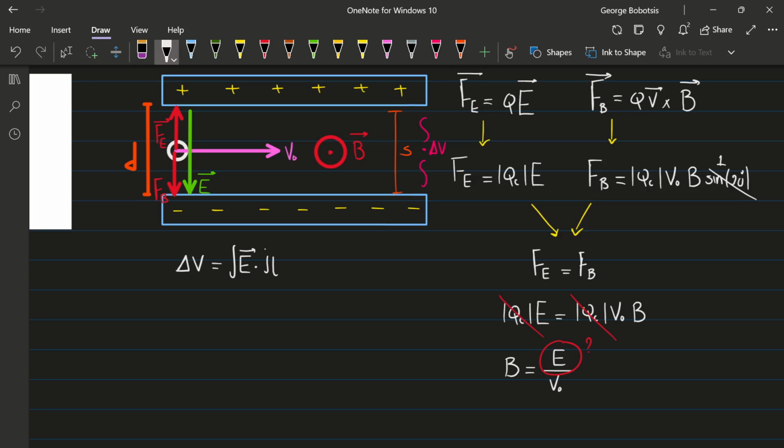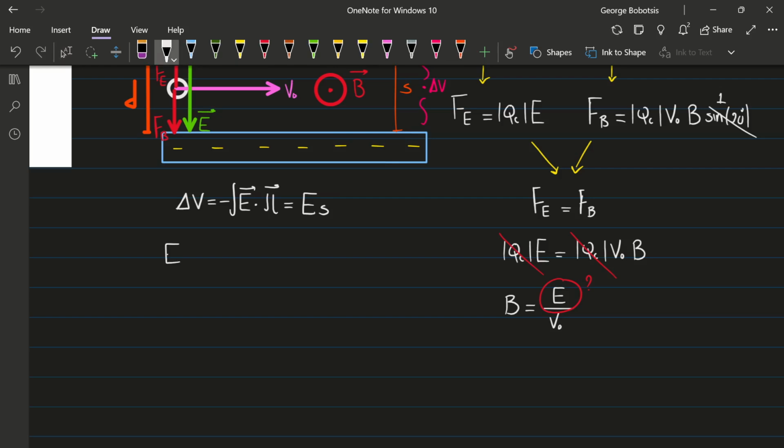But for parallel plates, because this is a constant field, the integral yields something very simple. It's just the electric field times the separation of the plates. Also, this is a negative there, excuse me. From definition again, there is a negative at the front of it. So it yields E times S here.